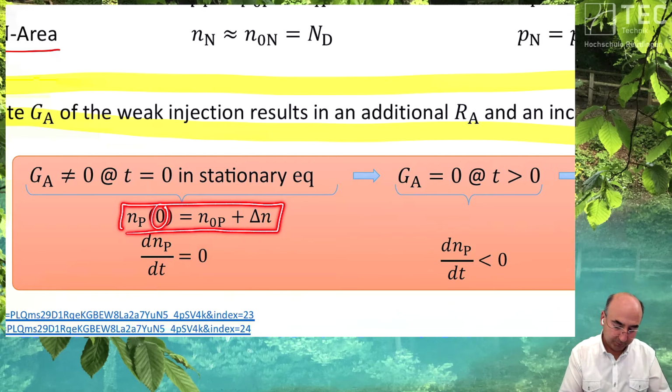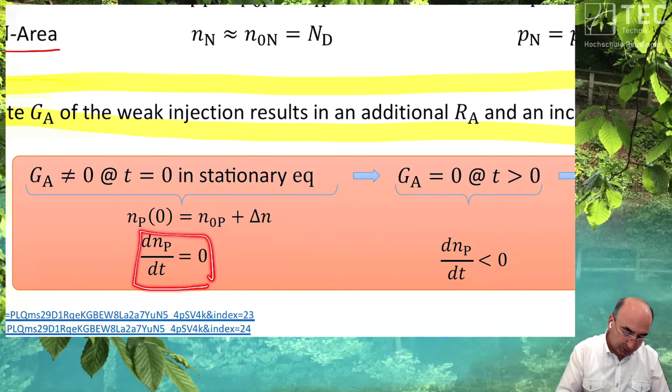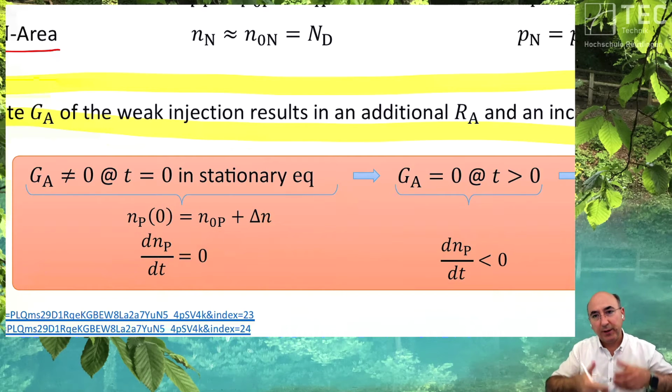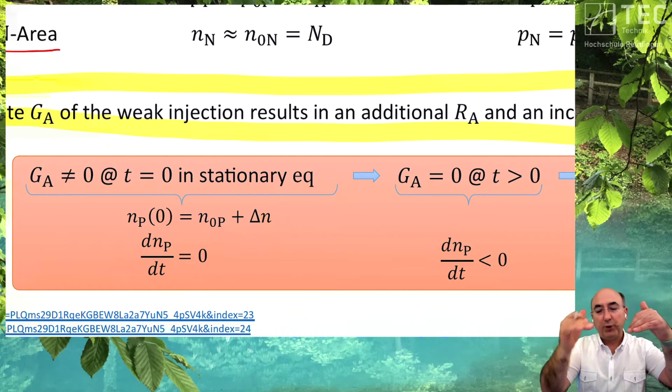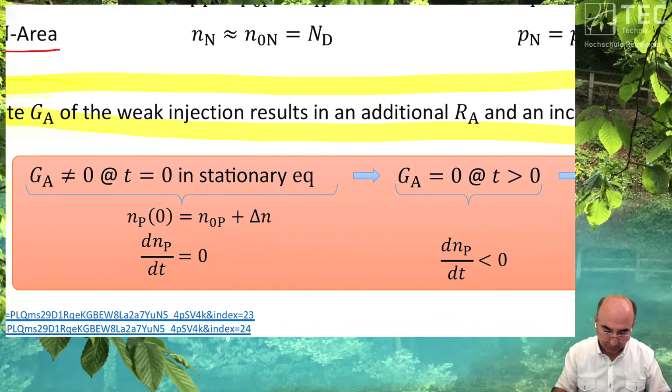At time zero, due to this additional generation rate, we have an additional number of particles on the grid. But the resulting total number is not changing. Why? Because somebody is pouring some number of particles on top all the time. Some are falling down, some are on top, but the concentration doesn't change.